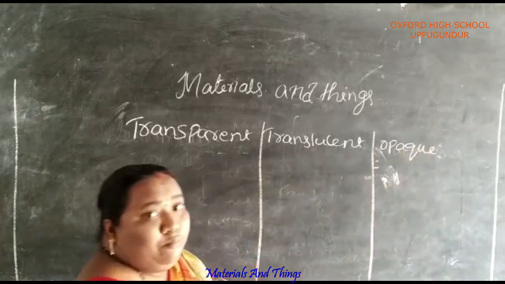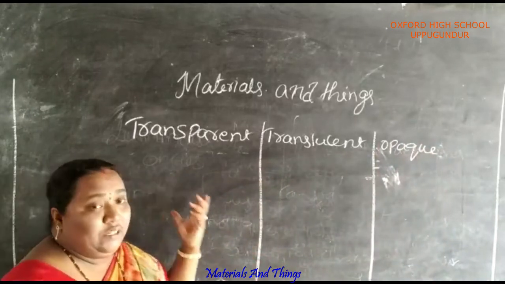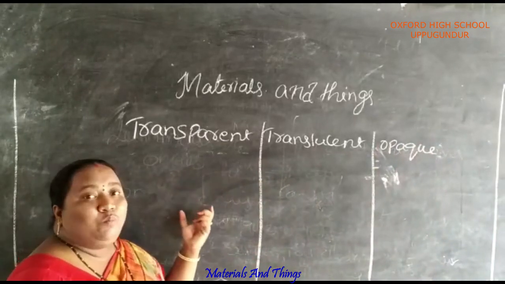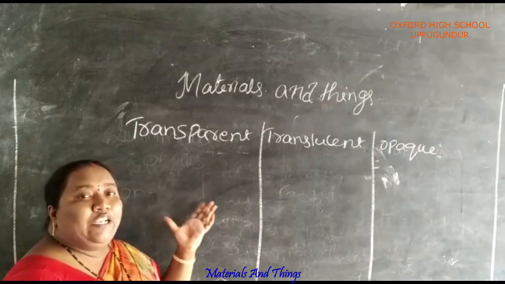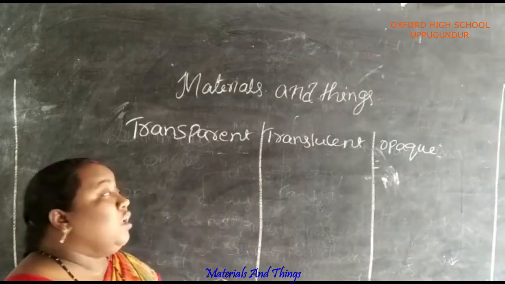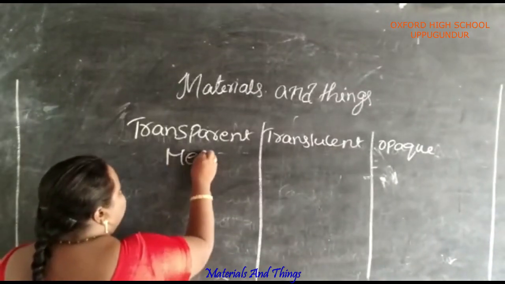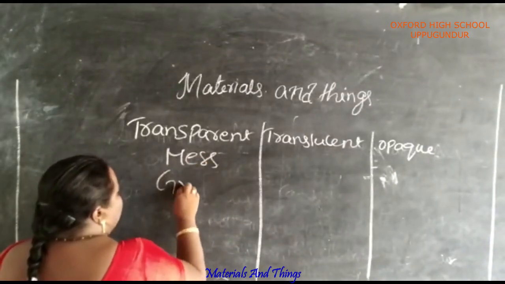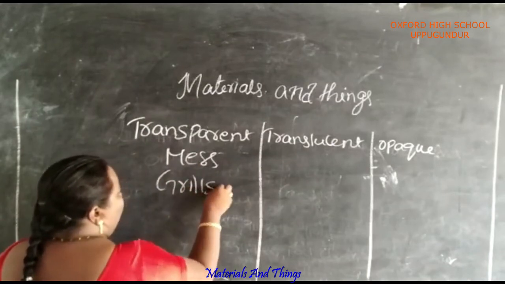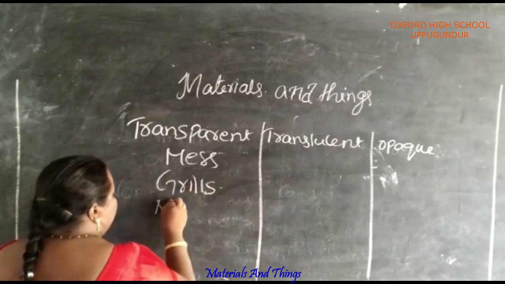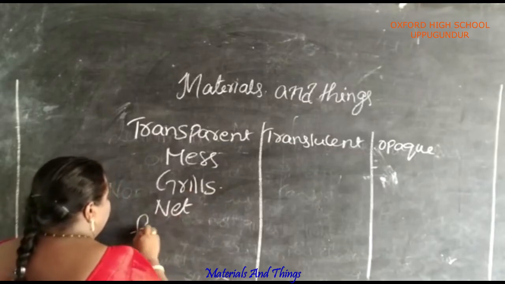Again, what is meant by transparent? A non-luminous object which allows the light to pass through it is called transparent. Example: mesh, grease, net, fisher's net.